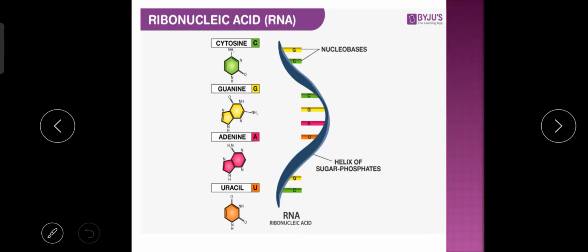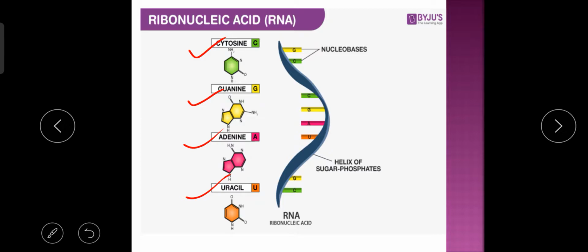Here, see, this is the structure of the RNA, which is single stranded. These are the nitrogenous bases. There are 4 nitrogenous bases: cytosine, guanine, adenine and uracil. And you know the purines always have a double ring structure, whereas pyrimidines have a single ring structure.